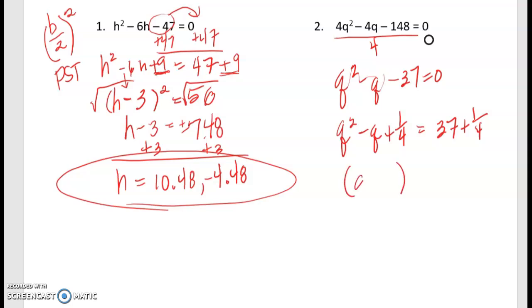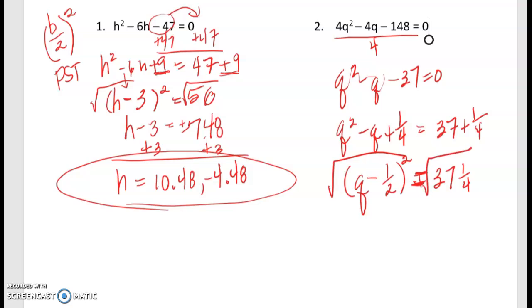When you factor this out, remember it's the square root of the first term, so q squared becomes q. The square root of 1/4 is 1/2. And then you have minus there, and whoops, that's an equal sign, 37 1/4. Let's fix that, and then we're going to square root both sides.